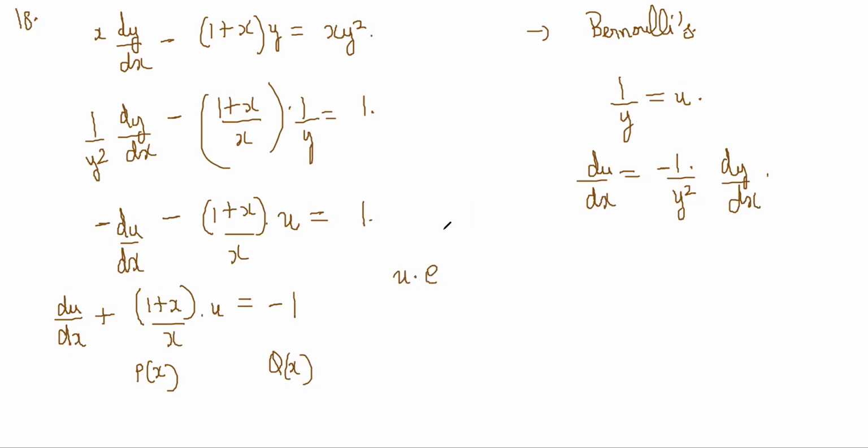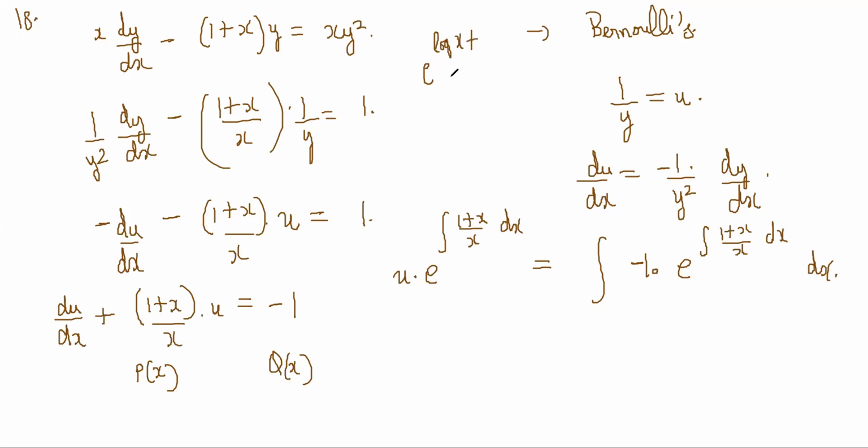The integrating factor is e power integral of 1 plus x by x dx, and that is equal to integral of qx, which is minus 1 by x, into IF. So e power integral of 1 plus x by x dx, right? This is e power log x plus x. The integration is log x plus x.